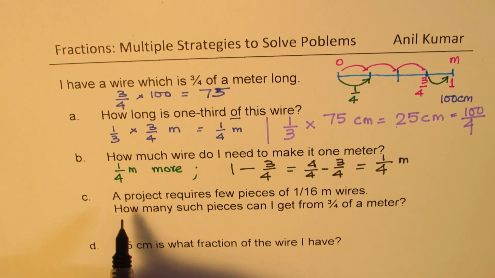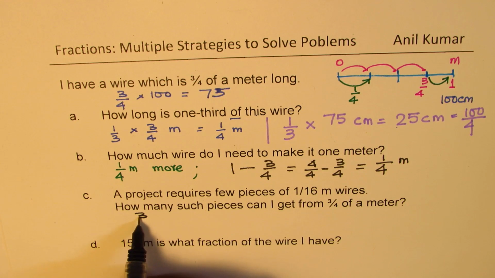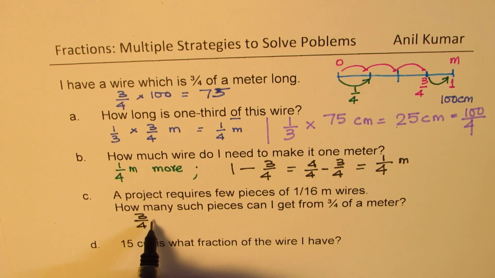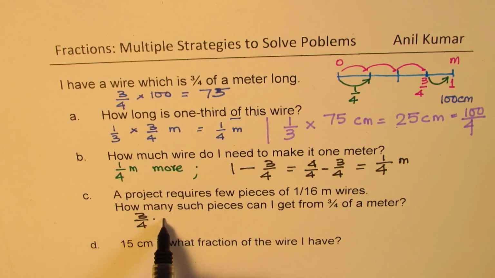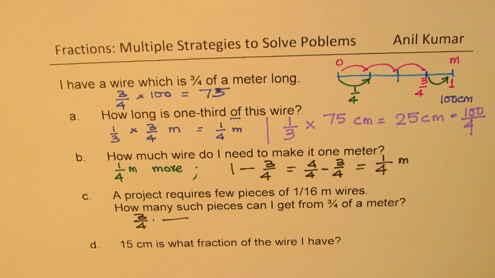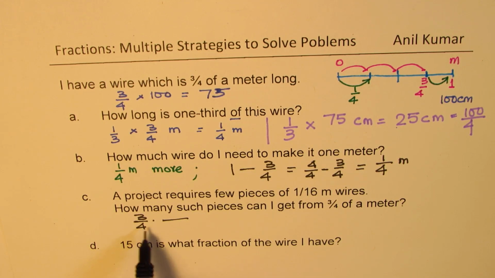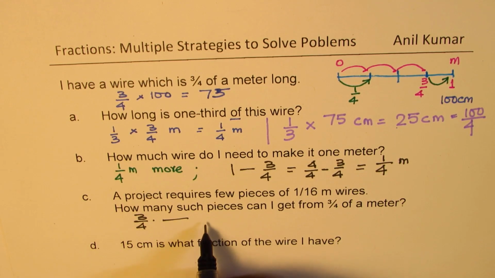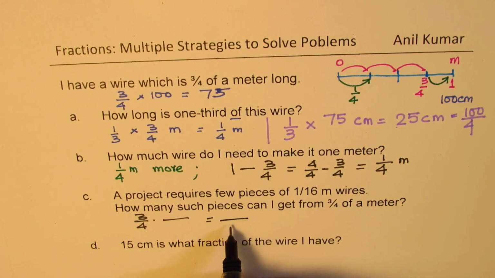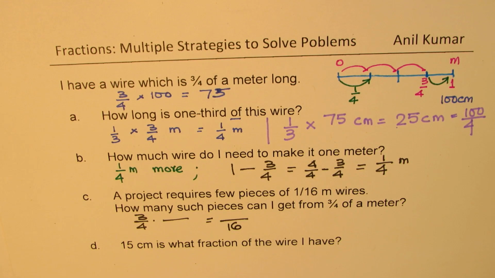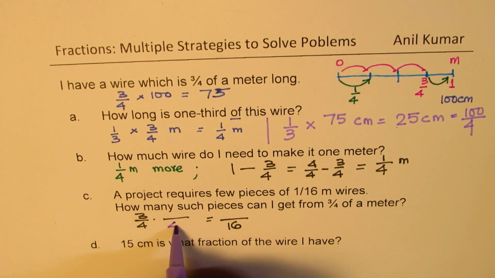So one way to look into it is that we have 3/4 meter, but we want to make it out of 16. If I have 1/16, how many? Clearly, to get 16 from 4, I have to multiply by 4. So I'll multiply and divide.